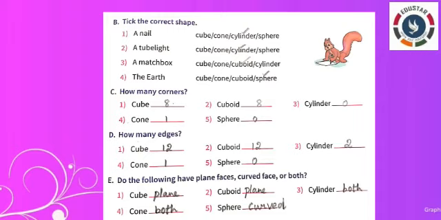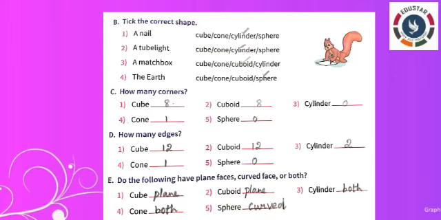See the first one. A nail. What is the shape of a nail? Yes, cylinder. Number 2. A tube light. And the answer is cylinder.